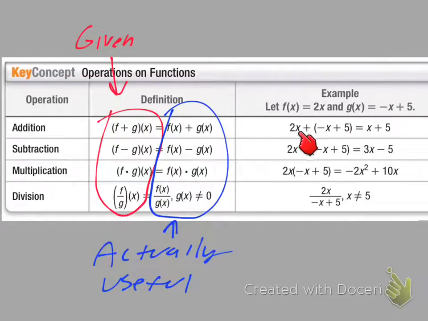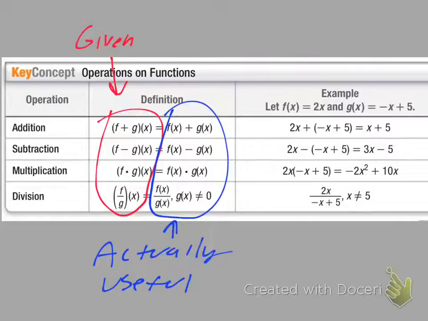They take 2x and negative x plus 5, and add them up. 2x plus negative x plus 5. 2x plus a negative x gives you x, and then just 5. They combine like terms. That's all it is. It's just how it's given to you.